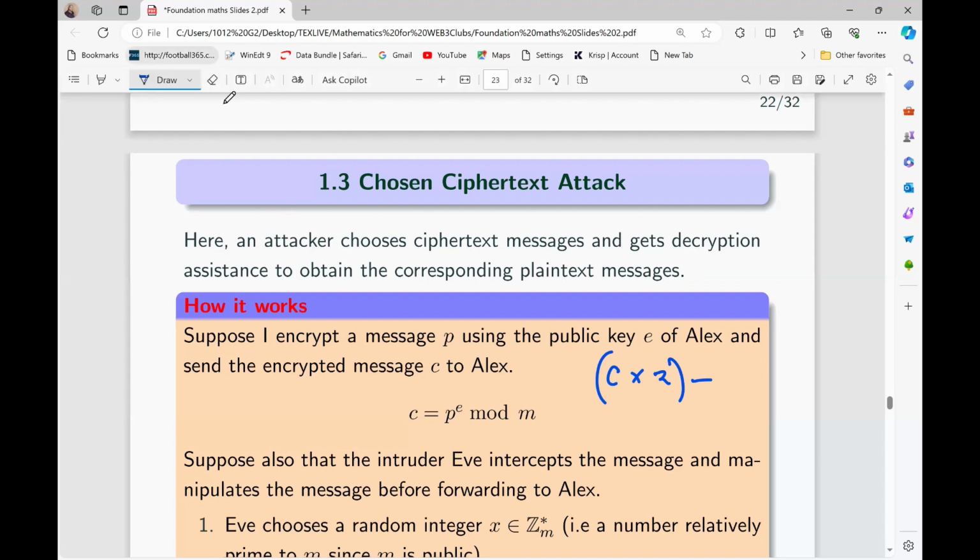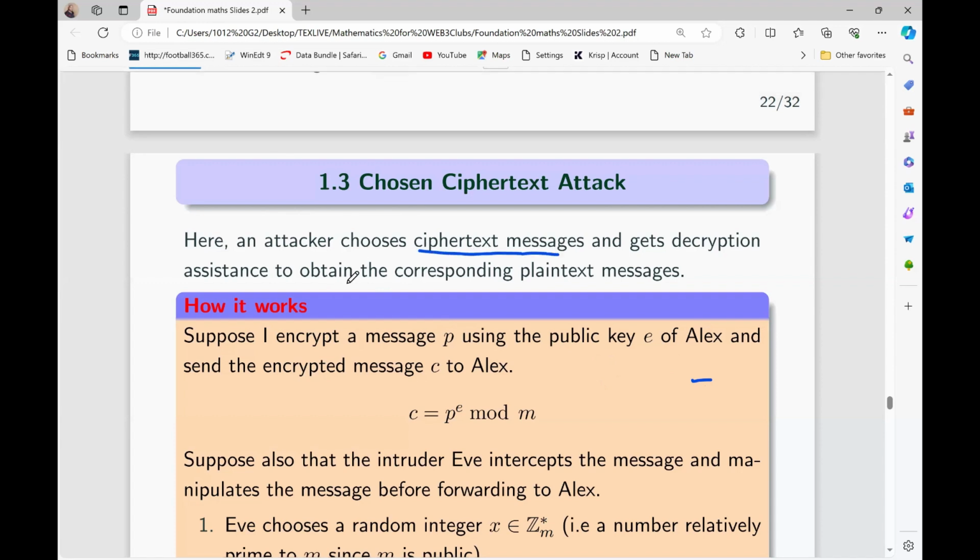Let me just show you how it works, and maybe we'll look at an example. But briefly, that is what I've just explained. Here, the attacker chooses the ciphertext messages and gets decryption assistance to obtain the corresponding plain text.